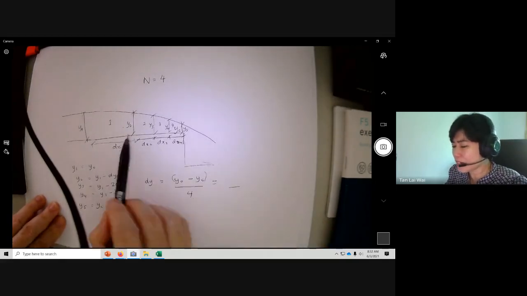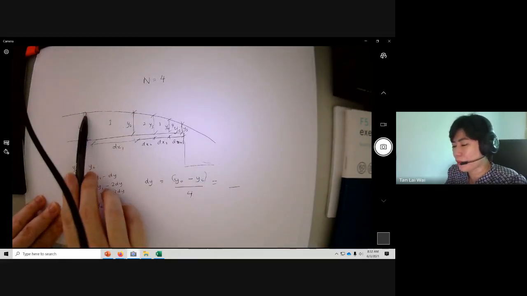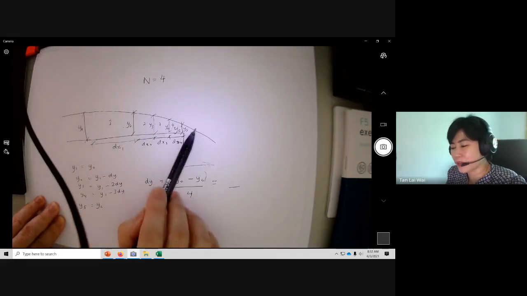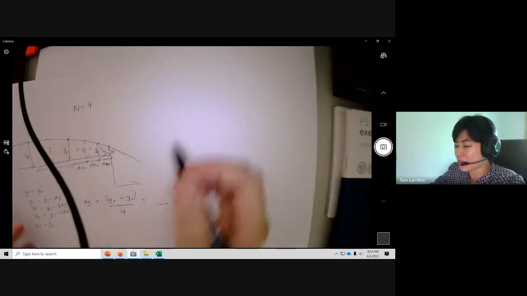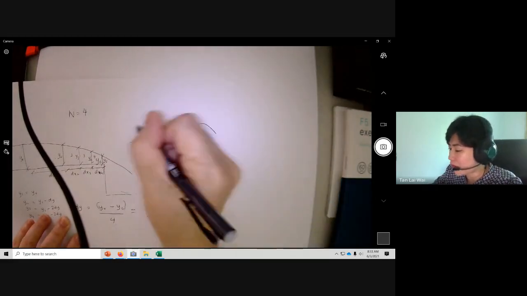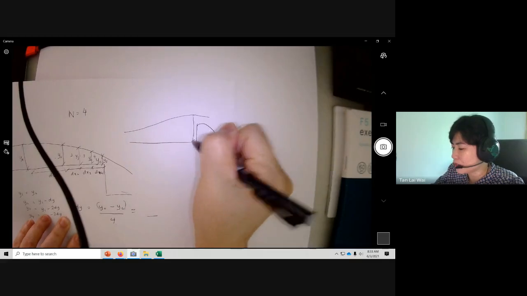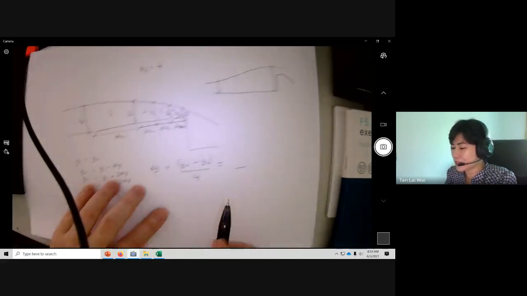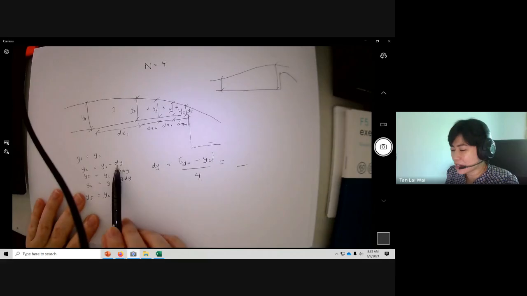Now, this is an example of when the depth of flow reduces. You also have cases where you have backwater flow, so the depth would increase. Just now I used minus dy.